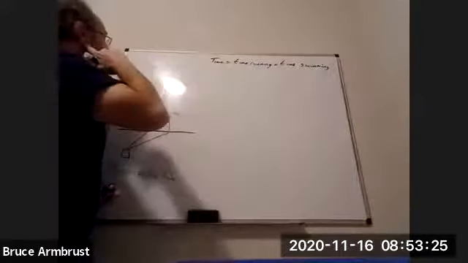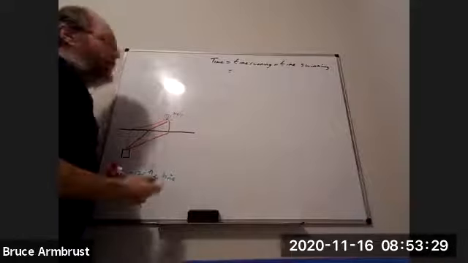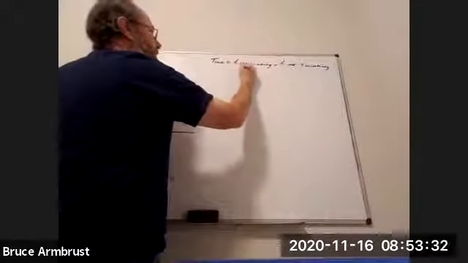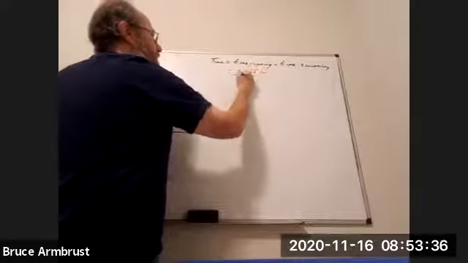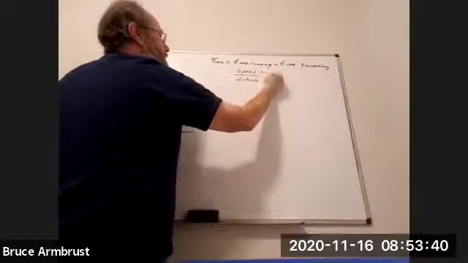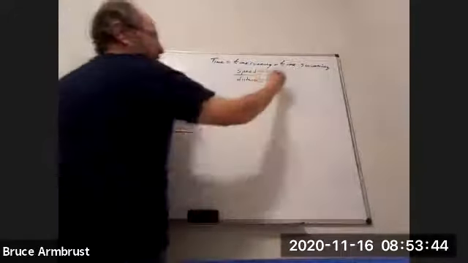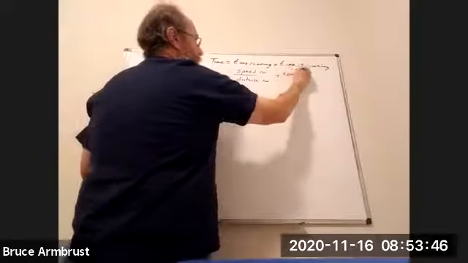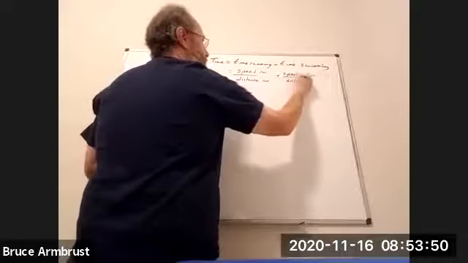To get those, we need distance and rate. So I'm going to put here speed run divided by distance run plus speed swim divided by distance swim.